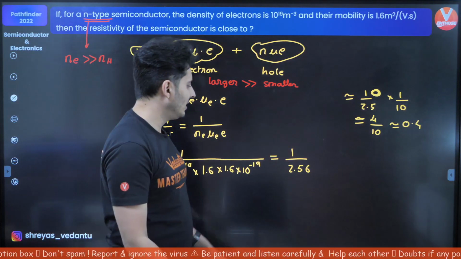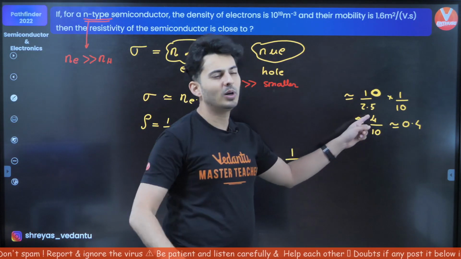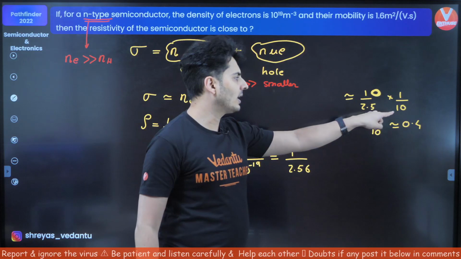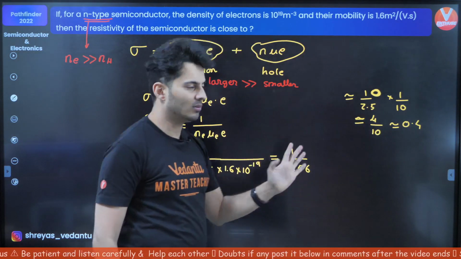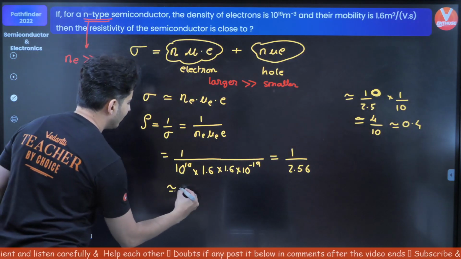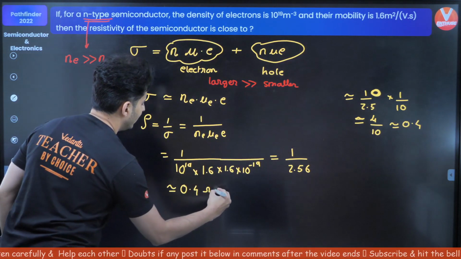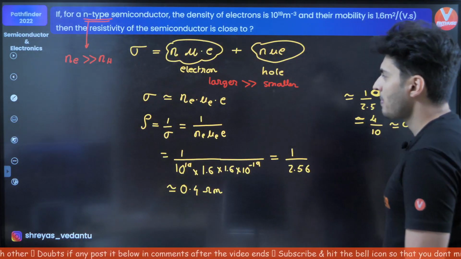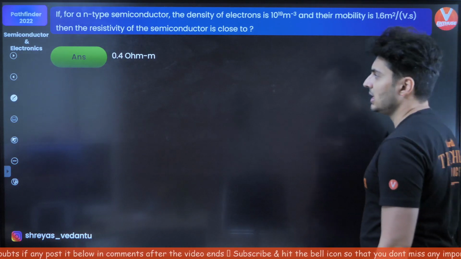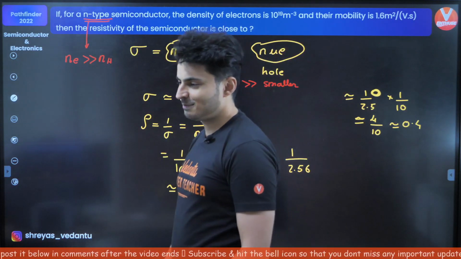Did you understand what I just did? 1 by 2.56 is 1 by 2.5 roughly. Multiply by 10, divide by 10. 10 by 2.5 is 4. So this value should be very close to 0.4 ohm meter. That's the resistivity unit, so that's the final answer. Let's see whether it's correct. Yes, it is. It is 0.4 ohm meter.